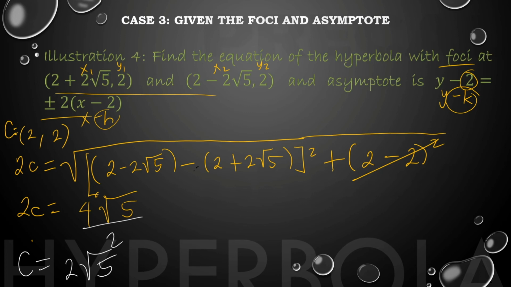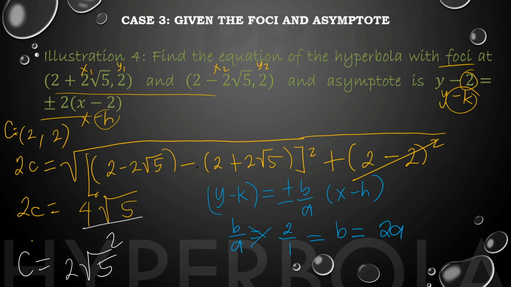And then, yung asymptote natin, ang gagamitin natin dyan is yung y minus k is equal to positive negative b over a times x minus h. So, yung b over a natin is equal to 2 over 1. So, cross multiply lang natin. So, magiging b is equal to 2a.